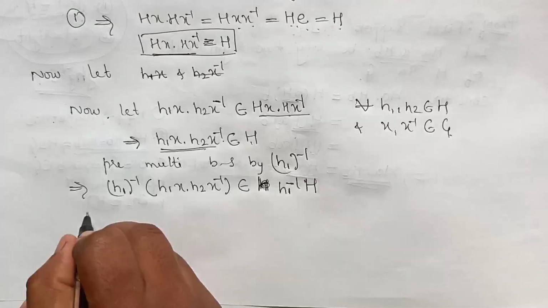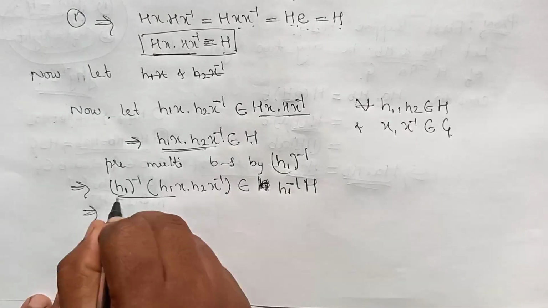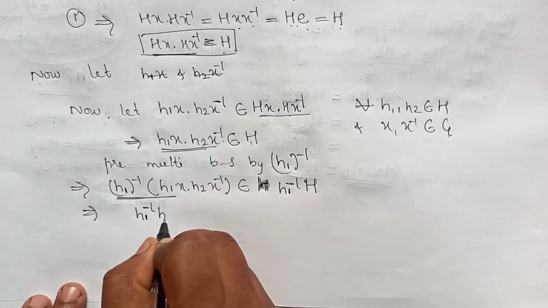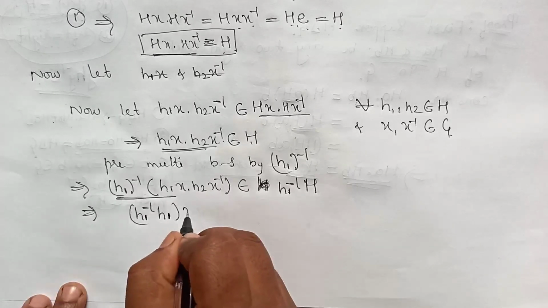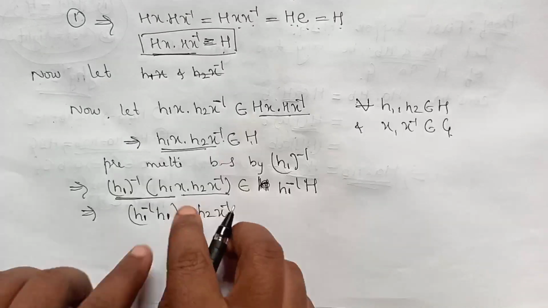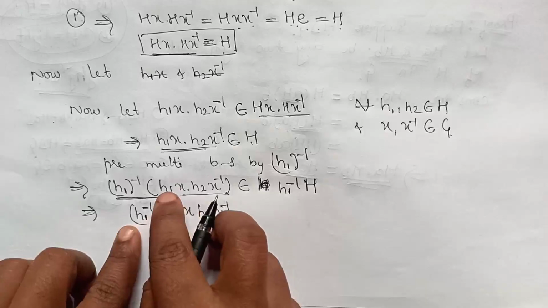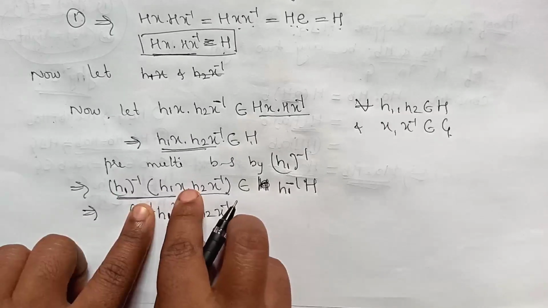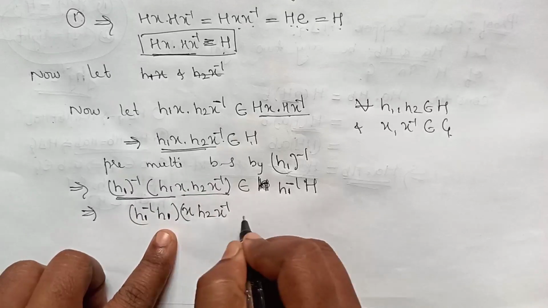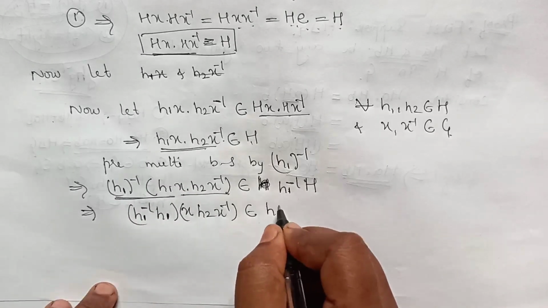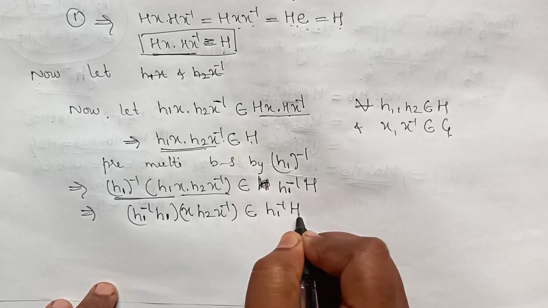Next, on grouping these elements together we get H1 whole inverse into H1 into x H2 x inverse on one side. See here total 4 elements are there. We are grouping H1 inverse and H1 on one side, the remaining 3 elements you group, then we get H1 whole inverse H.